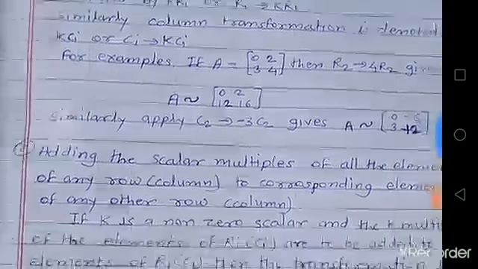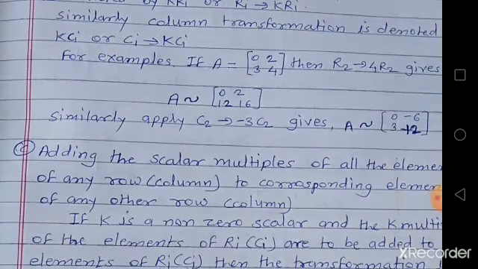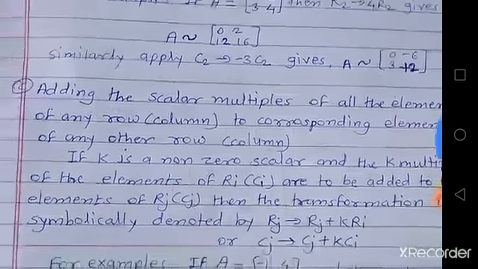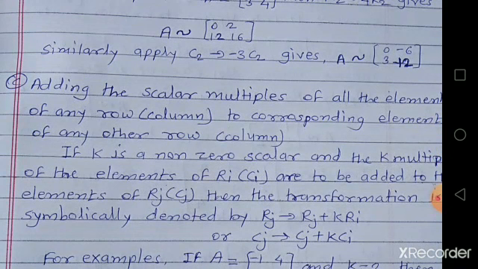Third point, adding the scalar multiples of all the elements of any row or column to the corresponding elements of any other row or column.